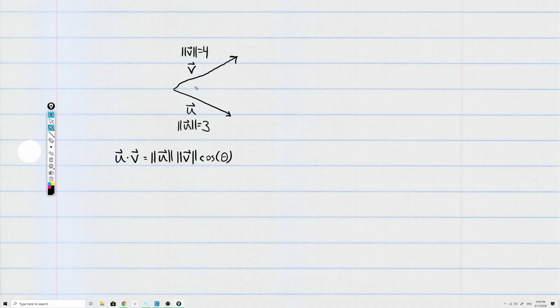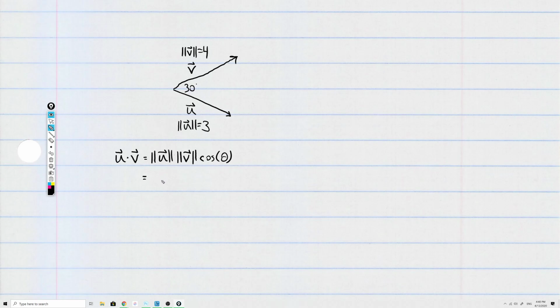So let's go back to our diagram, and let's just say that the angle between these two vectors is 30 degrees.